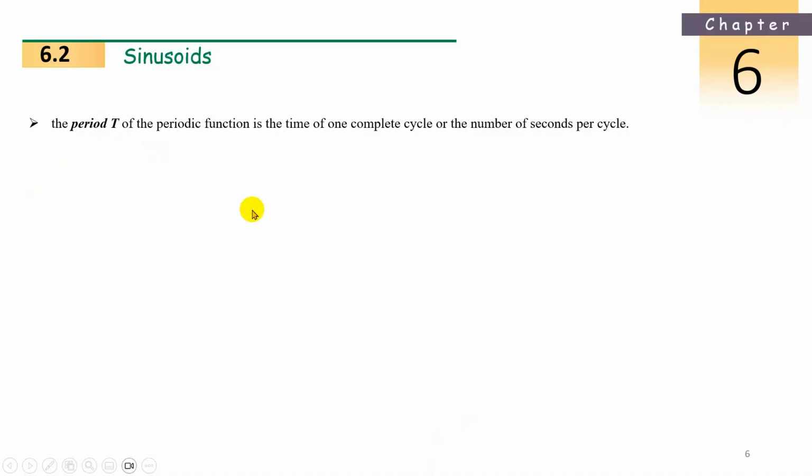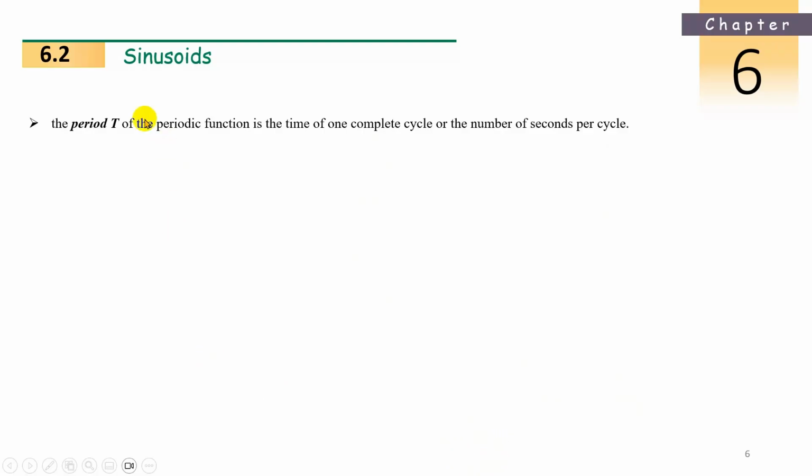Okay, the period T of the periodic function is the time of one complete cycle, or the number of seconds per cycle. We already converted omega t to t, small t. So what is small t? It is seconds. So what it is telling us is the time for one complete cycle, the number of seconds per cycle. For one cycle, how many seconds?